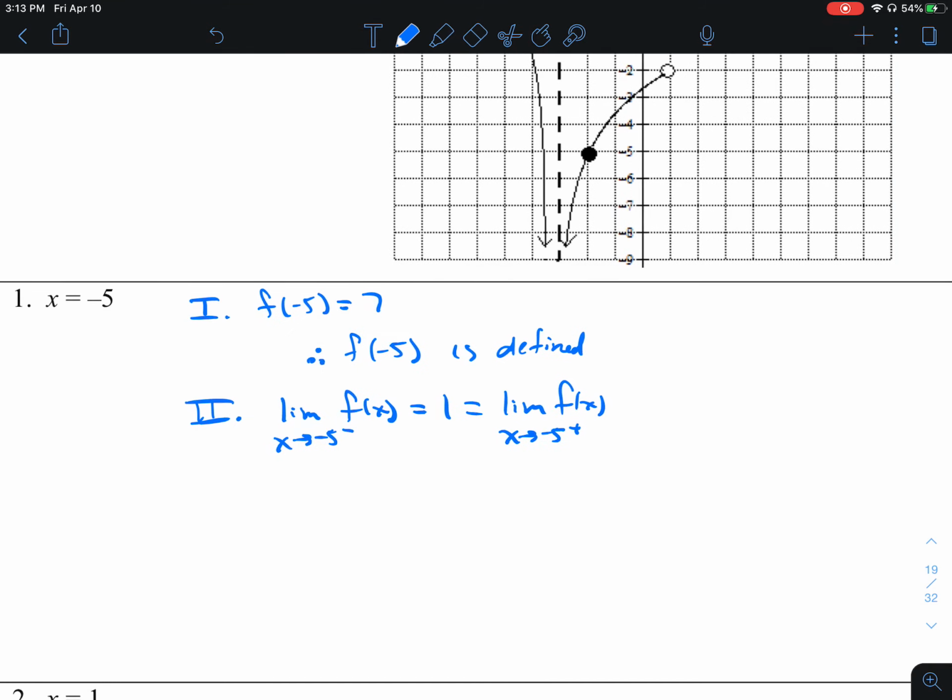Two-sided limit is the same. Therefore, the limit of f of x as x approaches -5 exists. The limit existence theorem.